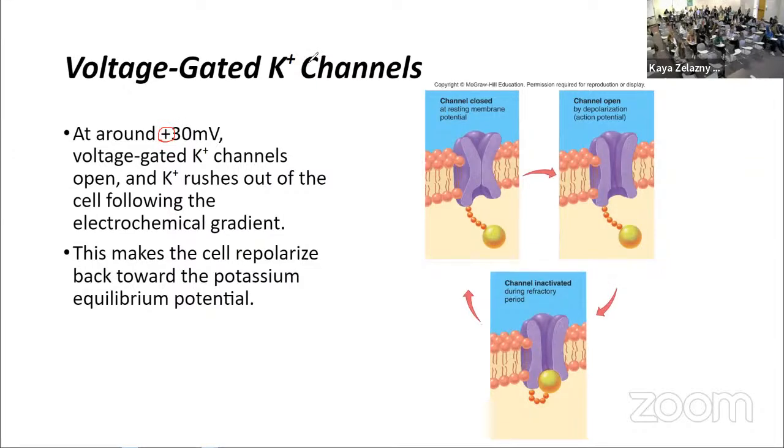At positive 30 millivolts, that voltage gated potassium channel opens. So potassium is going to start leaving the cell when we get to positive 30. So this is what's going to eventually pull our membrane potential back down, repolarize us to the resting membrane potential as potassium rushes towards its equilibrium potential of negative 94 millivolts following that electrochemical gradient.